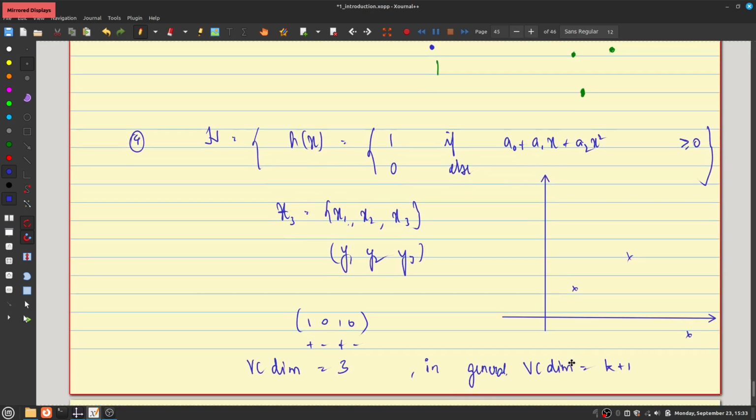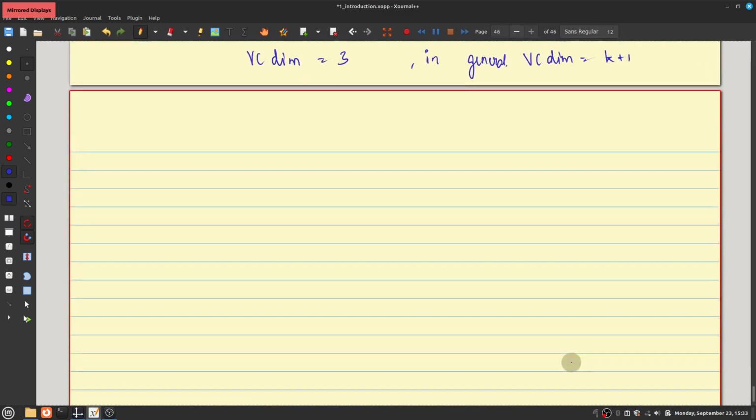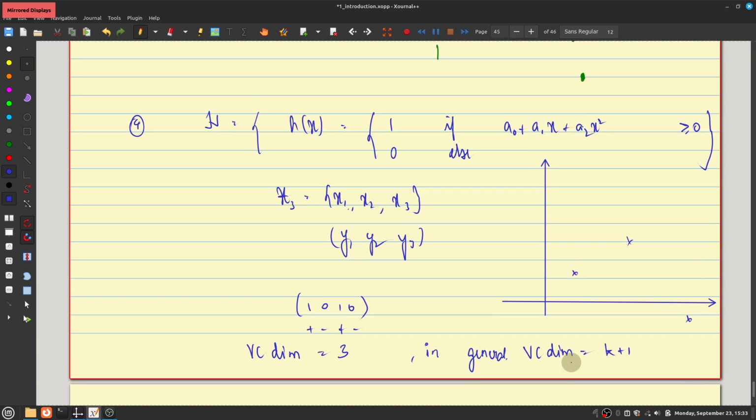So at least so far in all of the examples that we've seen, the VC dimension happened to be equal to the number of free parameters that we had in hand, right? So you see in this case, there are 3 parameters. In general, for a polynomial of degree at most k, there are k plus 1 parameters. The VC dimension happened to be k plus 1.